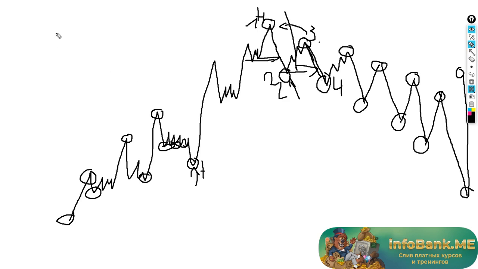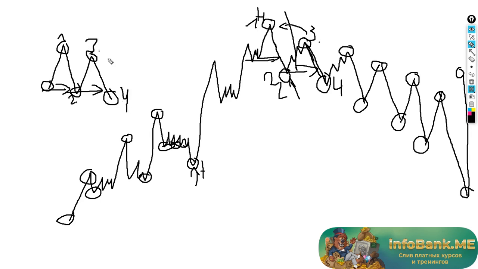We have this scenario where we had a high, we dropped down, we broke the first structure point right here, we retraced, we failed to break above and make a new higher high, and we actually broke the low. So this is your bearish trend when you're looking at a reversal. You need the 4 structure points, once again 1, 2, 3, and 4, and they're all pointing in the same direction, which is bearish in this case.